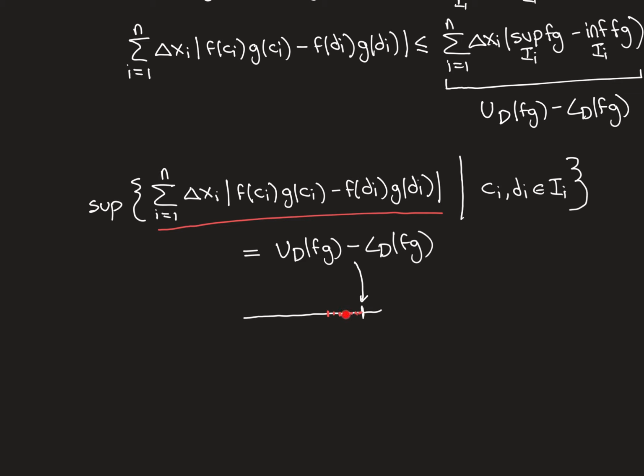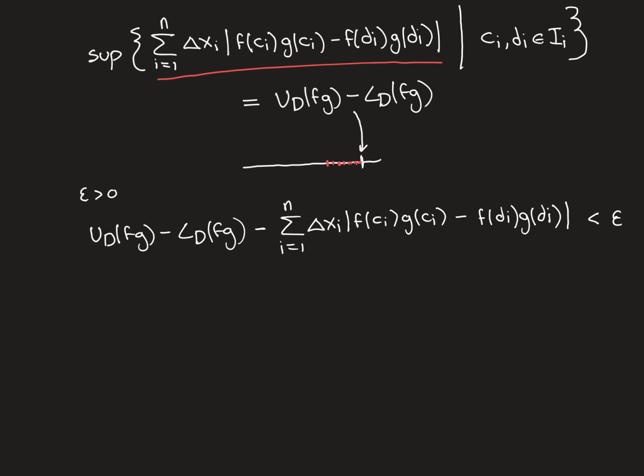In particular, that means they wouldn't be able to get indefinitely close to this value here, because they wouldn't be able to get beyond that value. So that's why if I can show that they get indefinitely close to this value from below, that will have proven that it is indeed the least upper bound, because there cannot possibly be a smaller value that is still an upper bound, otherwise they wouldn't be able to get indefinitely close to this value.